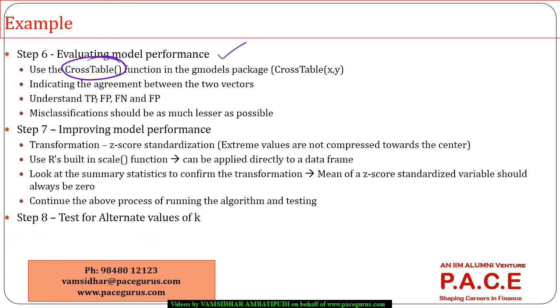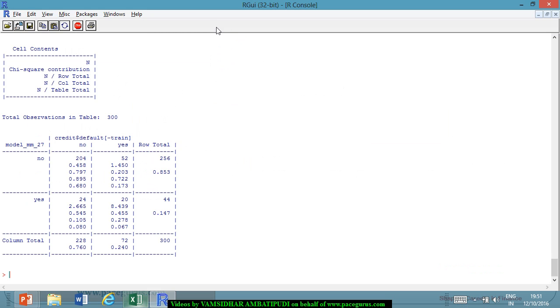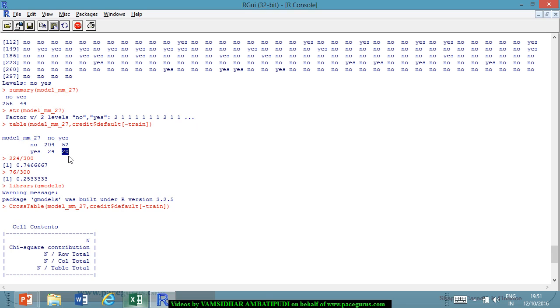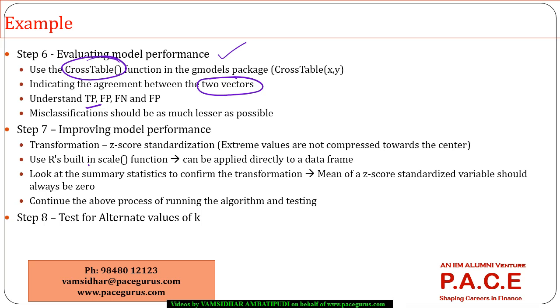But what I want you to look at is more of an agreement between the two vectors. Look at the true positives: both of them being yes, both are positives. Your prediction is positive and the actual is also positive, 20.